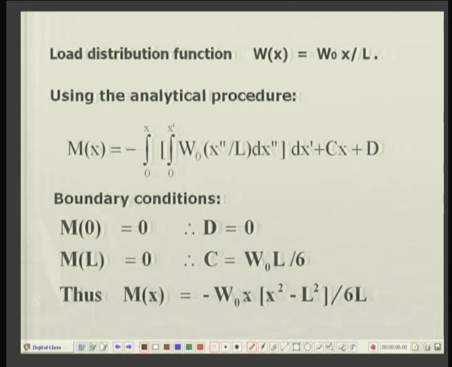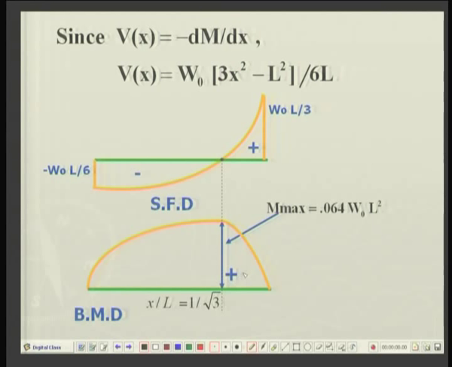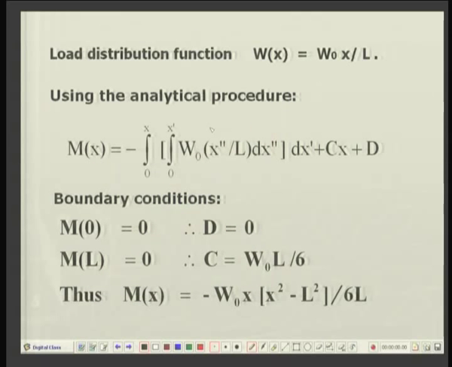Here is x and x square term, so it means it is an x cube term, it is a cubic parabola. And again at both the extremities at points A and B, the bending moment is 0. So, we get a cubic parabola, and then after it goes through the maximum, it falls again. And the maximum value you can determine from the previous expression, at that point where the shear force is 0.